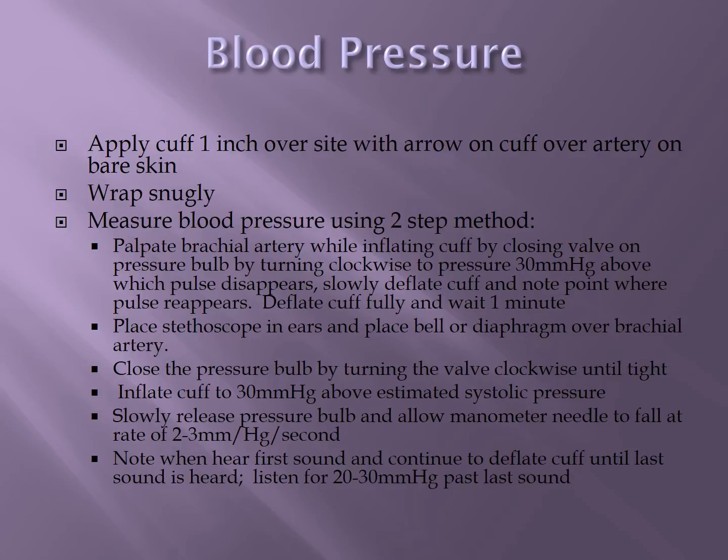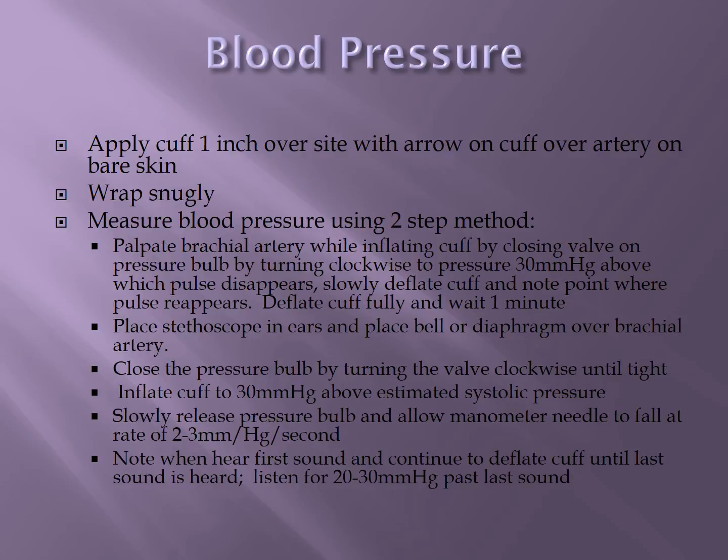And then blood pressures can be done in a two-step method. If it's the first time that you've checked a blood pressure, the two-step method is where you place the cuff on correctly, you palpate the brachial artery, you inflate the cuff. When you no longer are able to feel that brachial artery, you continue to inflate the cuff 30 millimeters more.